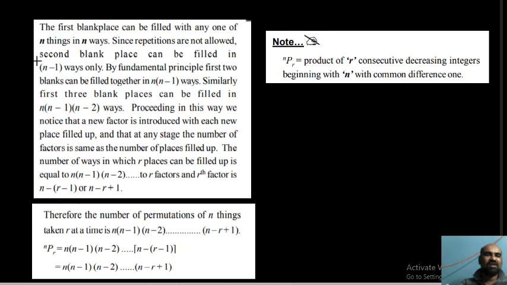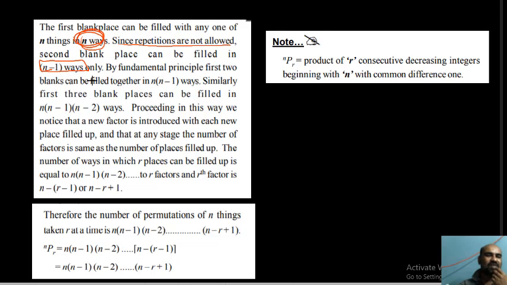Okay. So what happened here? The first blank place can be filled with any one of n things in n ways. Since repetition is not allowed, this is important, repetition not allowed. Okay. The second blank place can be filled in n minus 1 ways, by the fundamental principle of counting, that is the product rule.